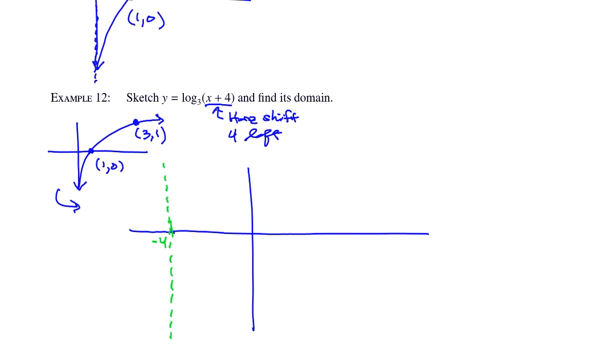The point 1, 0 shifted over to -3, 0, because if you're moving 4 units to the left, you subtract 4 from the x-coordinate. And the point 3, 1, you're going to subtract 4 from that, and you're going to end up with -1, 1. Then draw the increasing log curve that goes through that.